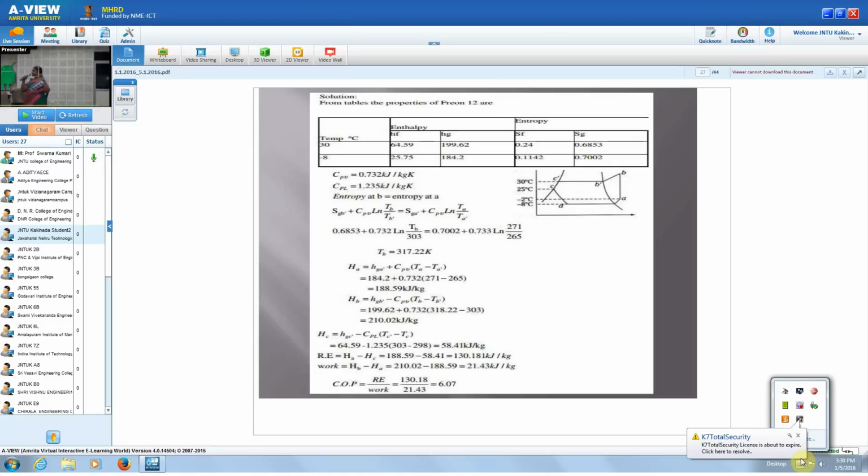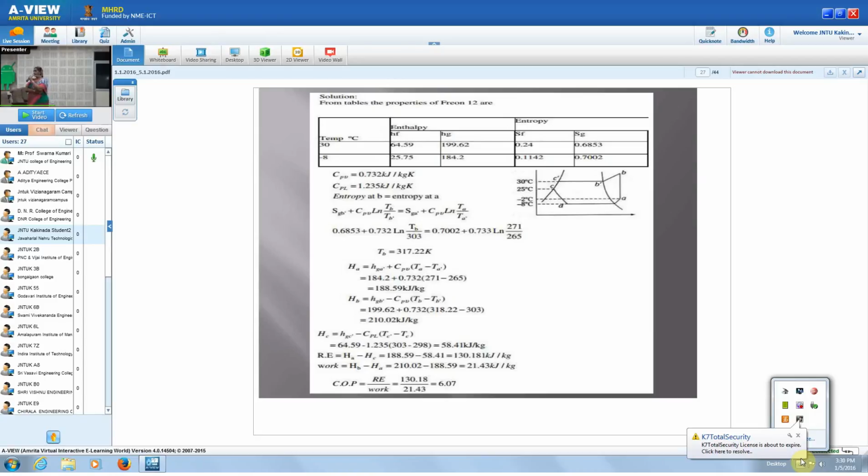So minus Cp of the liquid refrigerant into 5 because it is subcooled by 5 degrees centigrade. Then find out the value of HC. That HC value here is 58.4 kilojoules per kg.